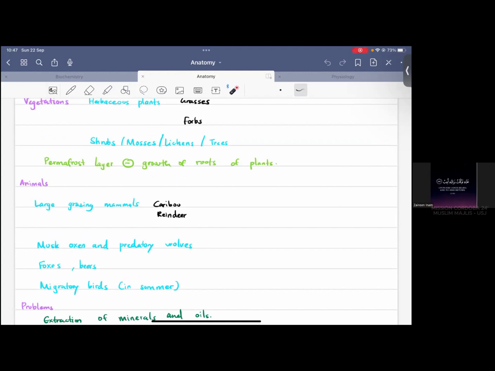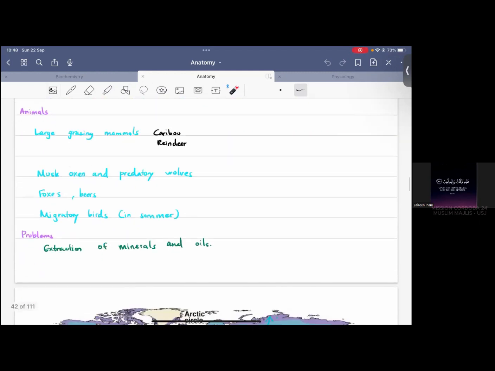Then musk oxen, predators: wolves, fox, bears. Migratory birds in summer. So these are the animals there. The problem here is, obviously, human settlement or agriculture, because that is not possible at all. Right?